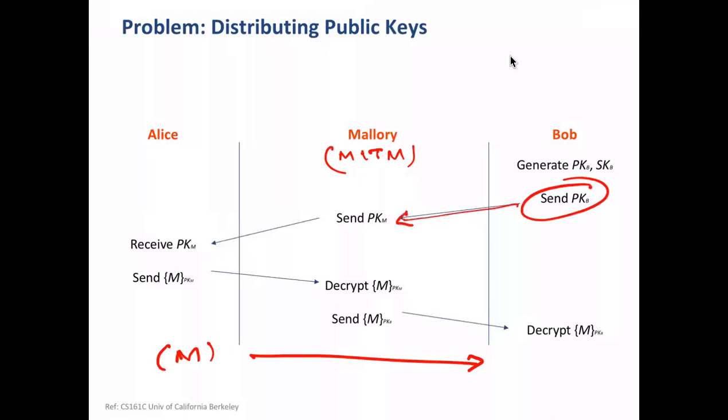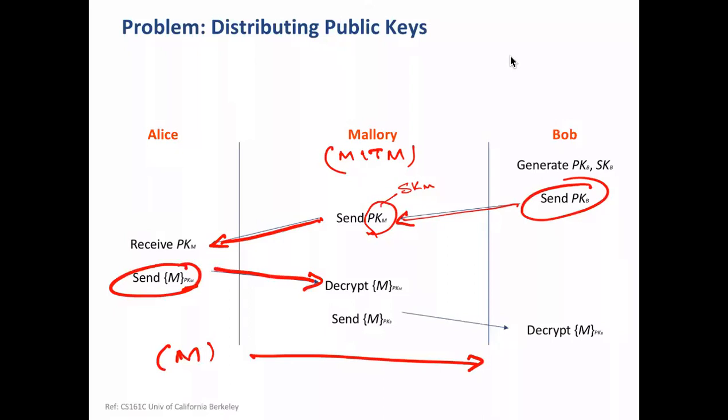In between, Mallory intercepts it, changes the key to her own public key, and there is a corresponding private key also, which Mallory may use. Then she sends this changed public key to Alice. Alice thinks that it has come from Bob, and then she encrypts the message with Bob's public key and sends it on the insecure channel.